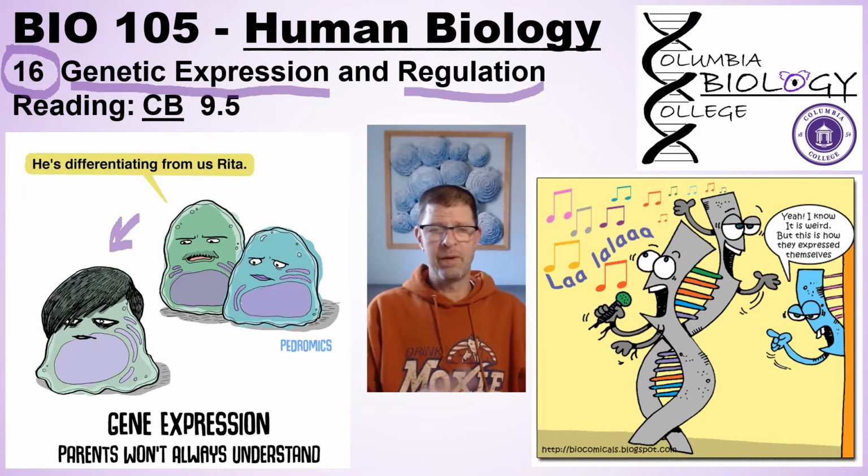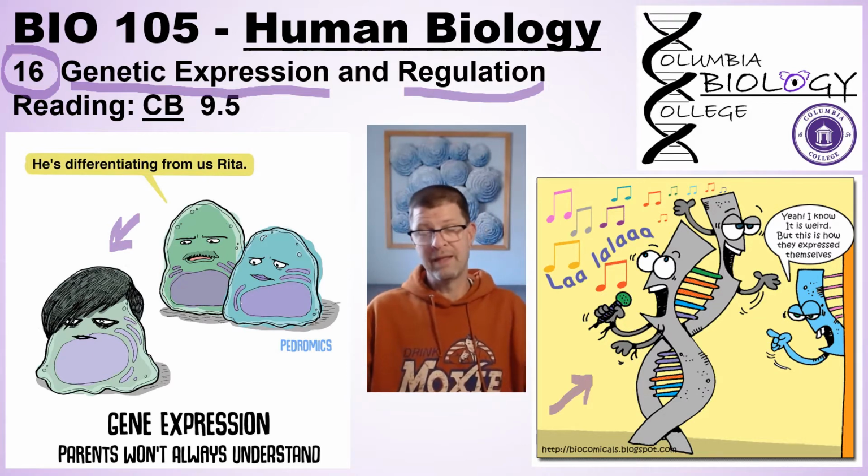And then the parent cells are not too happy about that. He's differentiating from us, Rita. Anyway, that's dad's cell. And then over here we have apparently some DNA that in order to express itself, it has to sing. It says, yeah, I know it is weird, but this is how they expressed themselves. Okay. Anyway, just trying to be funny, I think, with those words.